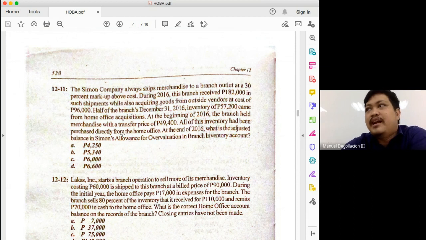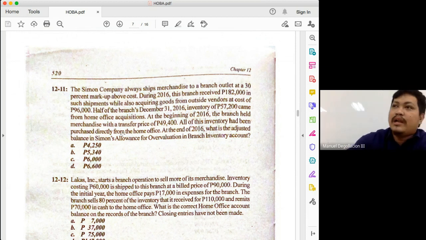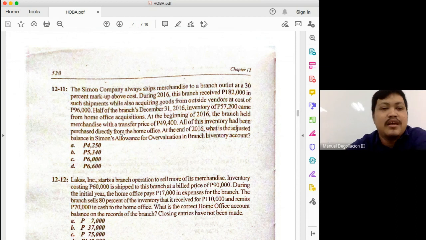What must be the scenario, class, so that the solution is to simply divide 57,200 by 130% and multiply it by 30%? That would be the solution if the scenario was that the entire ending inventory came from the home office. Because if that were the case, then the entire ending inventory has an embedded markup. But in this case, only one half came from the home office.